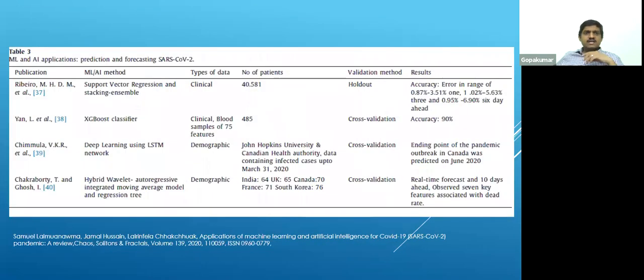And this is another one, prediction and forecasting of SARS-CoV-2. Suppose it came in Wuhan, or after that in Italy, where it spread a great deal. Then how is that going to affect India, or how will it affect a particular country?